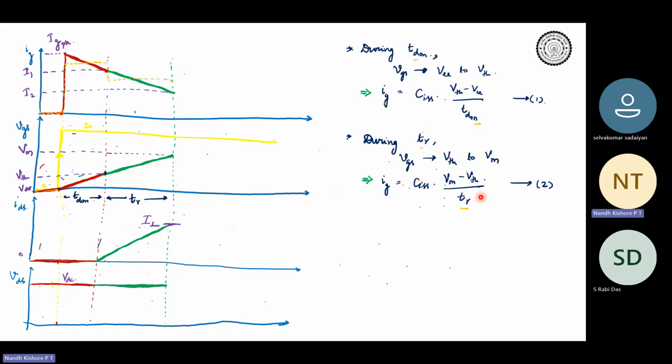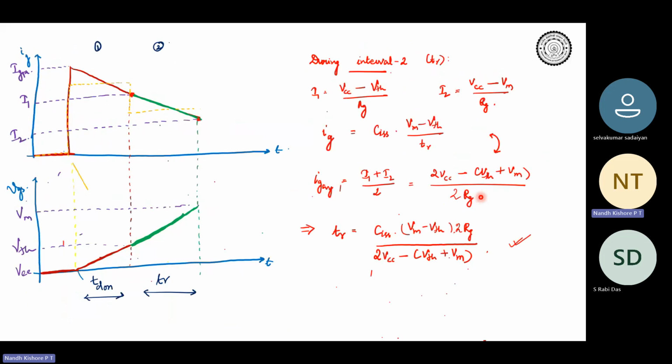So what we did was we equated this current with the average (I1 + I2)/2. So C dV/dt is (I1 + I2)/2. We know I1, we know I2, and from there we found out TR, the rise time. We know all the parameters: CISS, V Miller, V threshold, RG, everything is given. So you know TR.